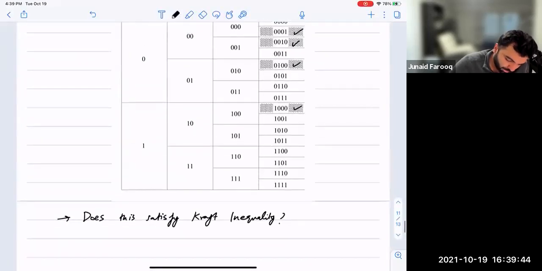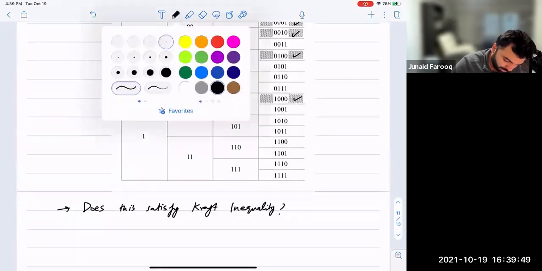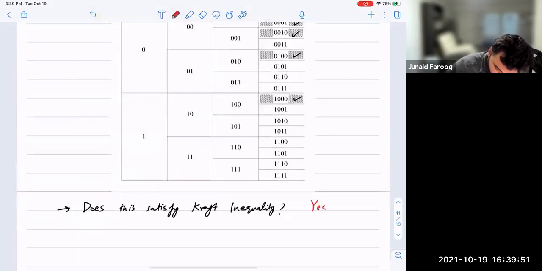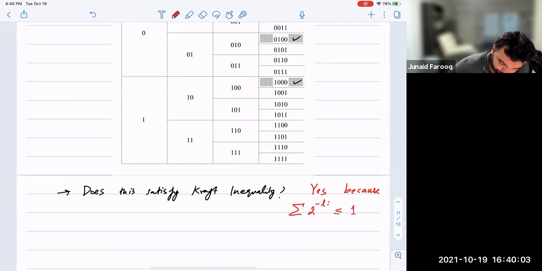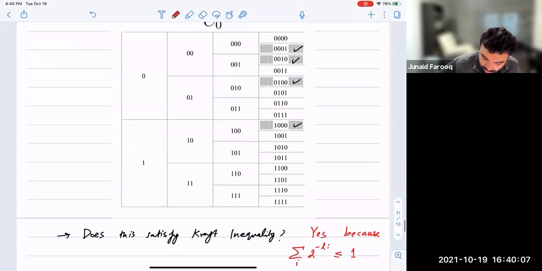So it's clear that if you just have these code words, then yes, you satisfy the Kraft inequality. Okay, and the reason is because the sum of 2 to the power minus li is less than 1.